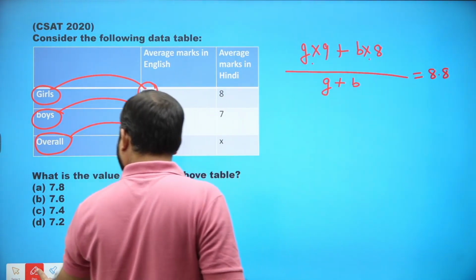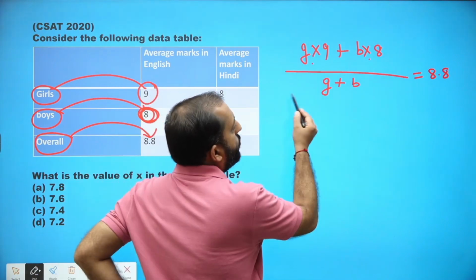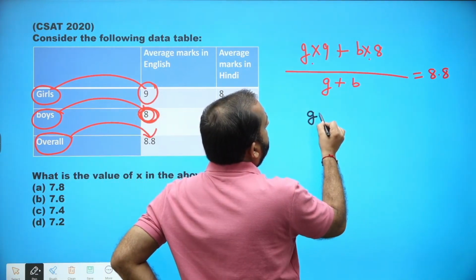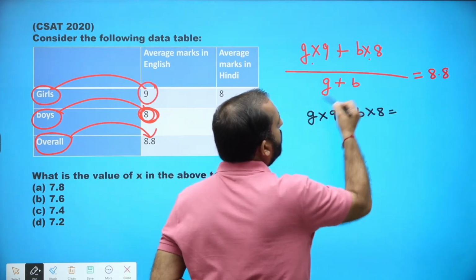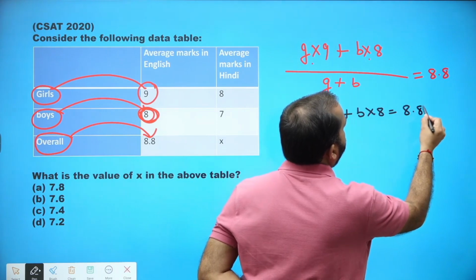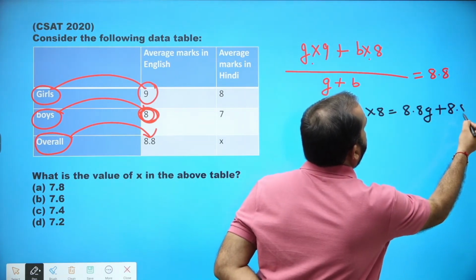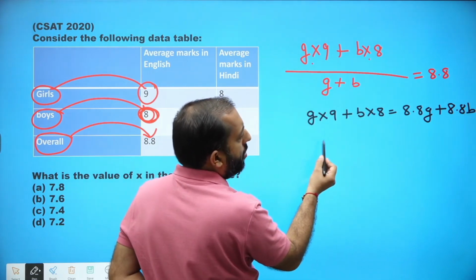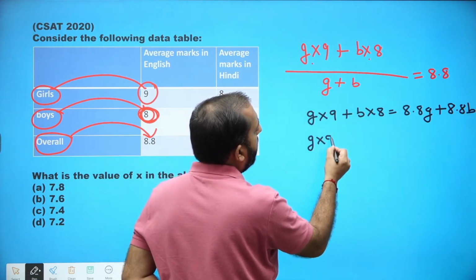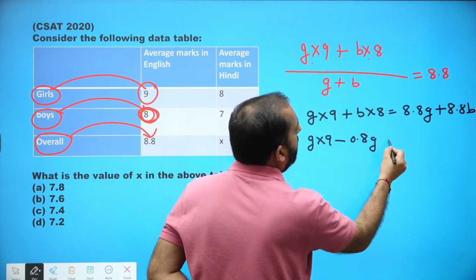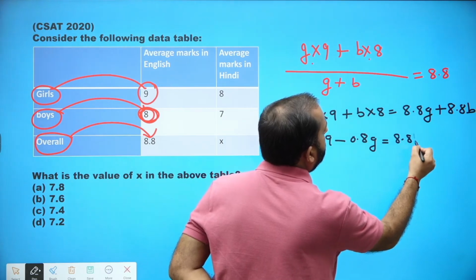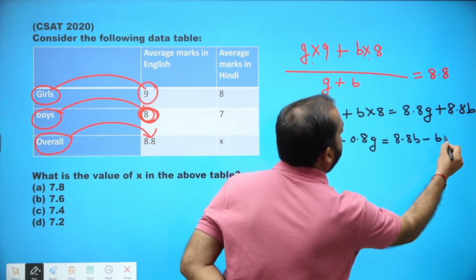Now if you solve this, girls G into 9 plus B into 8, if you do the cross multiplication, it becomes 8.8 G plus 8.8 B. Now G into 9 minus 8.8 G equals 8.8 B minus B into 8.